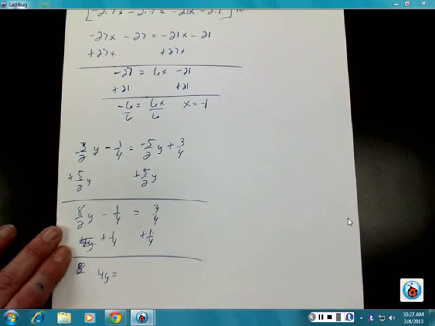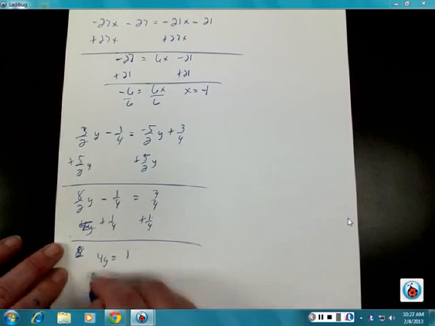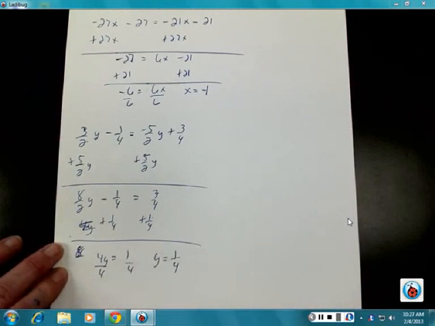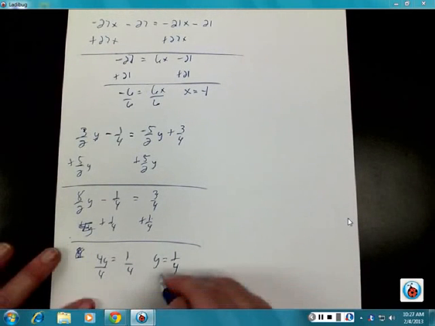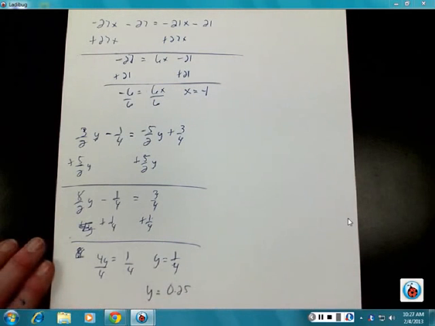What's that equal to? 3/4 plus a quarter is 4/4 or 1. Divide by 4, and you find y is equal to 1/4. Now when you check this one, instead of putting a quarter in my calculator, what's a quarter equal to as a decimal? 0.25. Yep. So I'd use 0.25 and check it with its decimal representation.